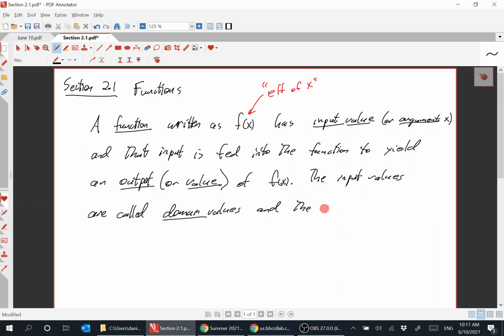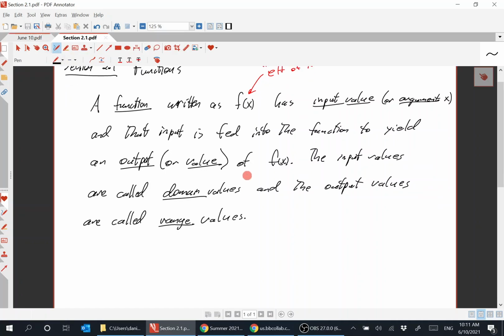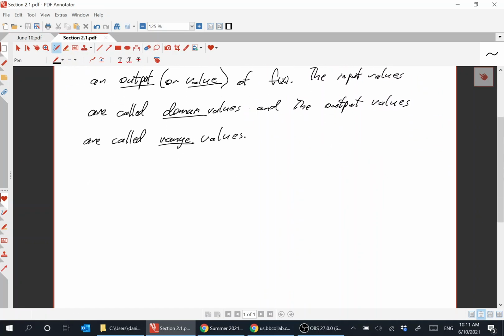And the output values are range values. So one way to visualize a function is like this, although it's not used that often in this type of context.